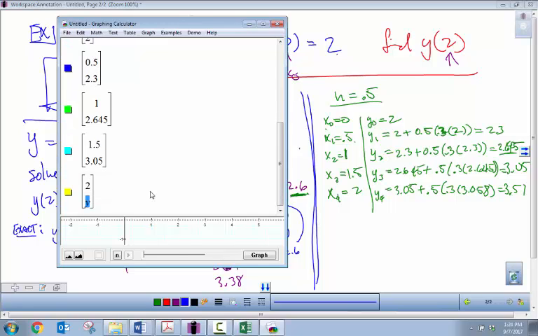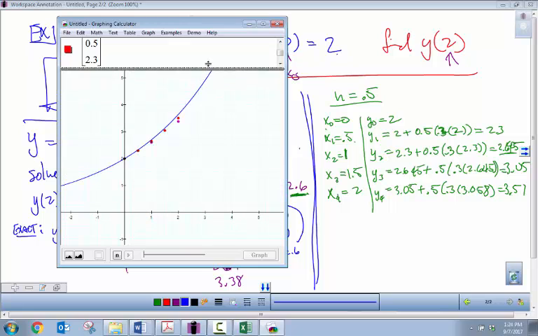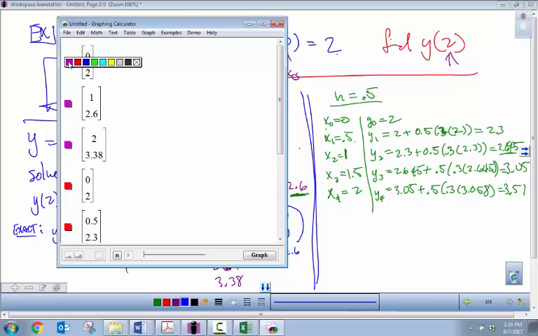And then 2 and 3.51. And since we actually know the solution, we can also graph the solution: y equals 2 times e raised to the 0.3 times x. Maybe I should make the first ones blue.